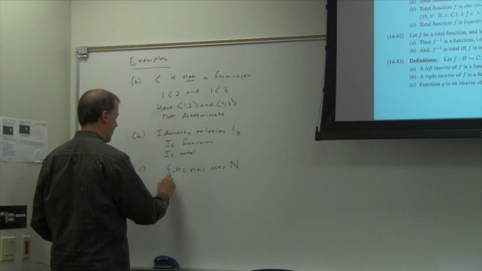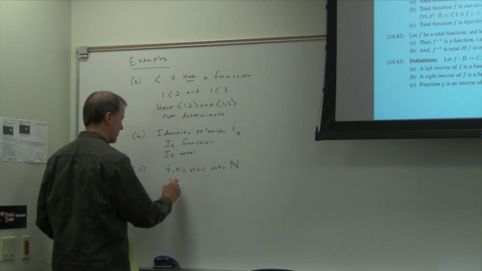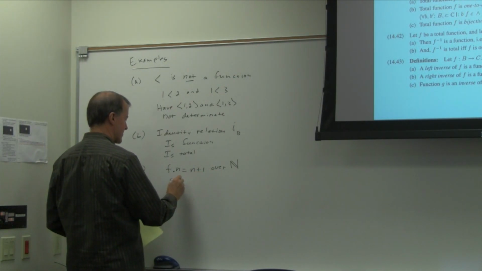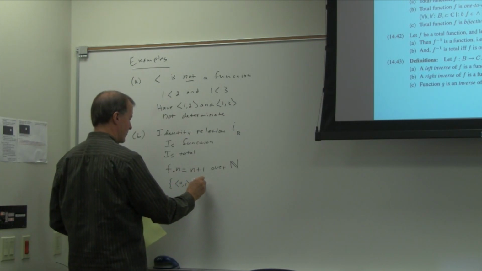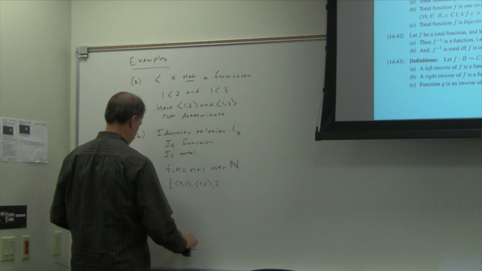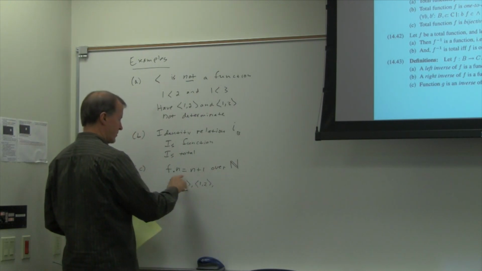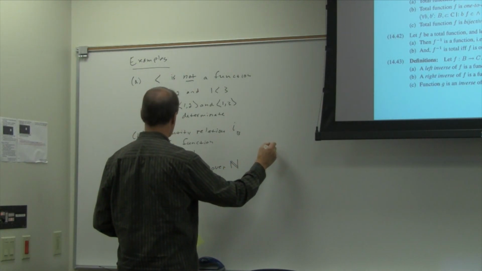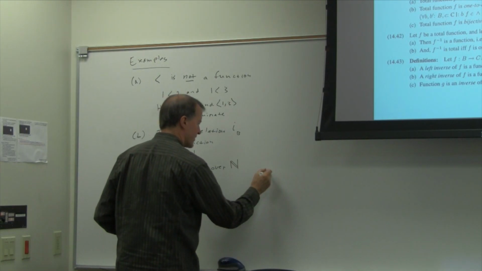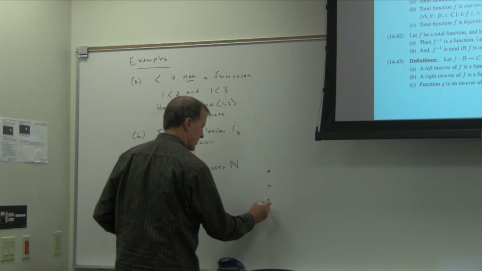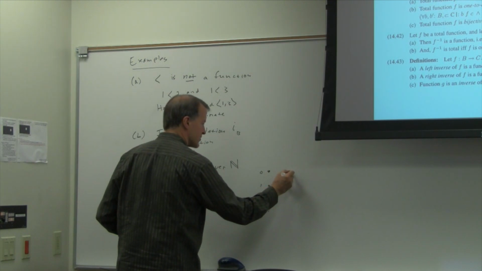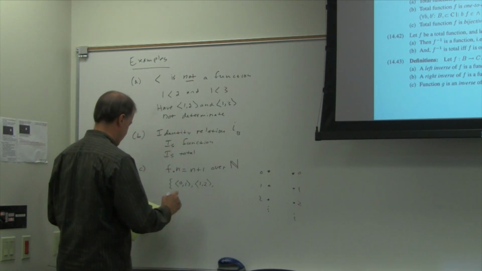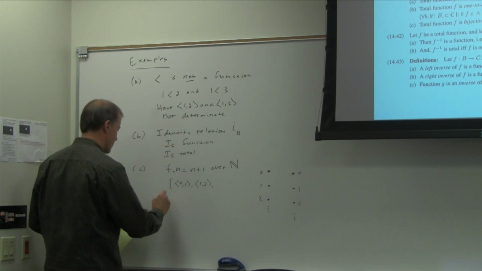So tell me the first few ordered pairs. (0, 1), (1, 2), (2, 3). Now it's over N, so this would look like this: you would have 0, 1, 2, dot dot dot here, and 0, 1, 2, dot dot dot here. It's determinate. Okay, so is it a function? Yes, it is a function.